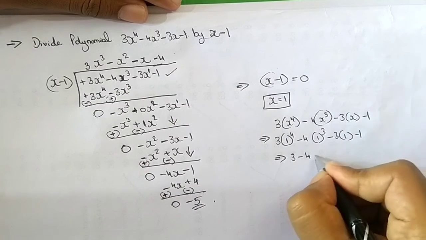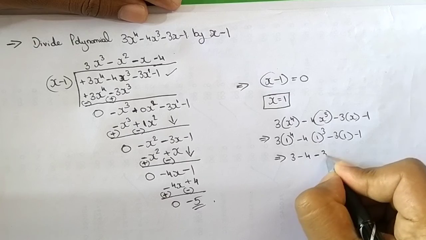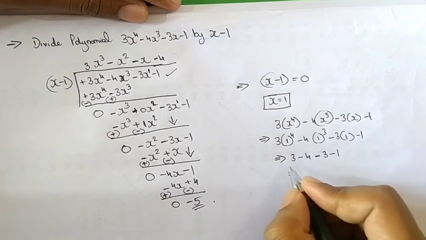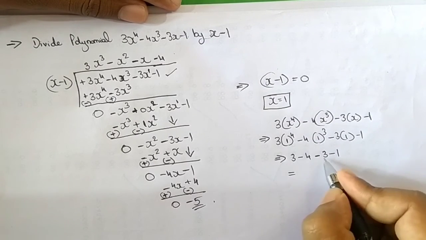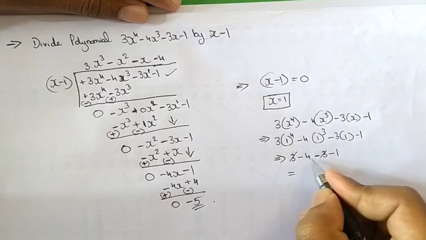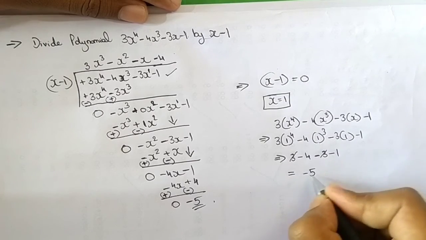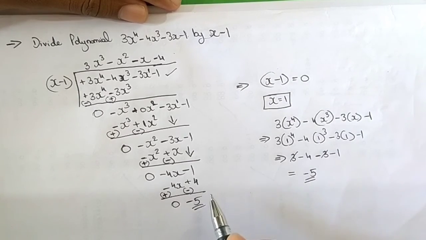So 3 minus 4, minus 3 ones are 3, minus 1. You can see plus 3 minus 3 cancels. Minus 4 minus 1 is minus 5. This is same as this.